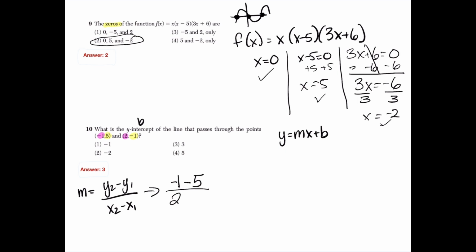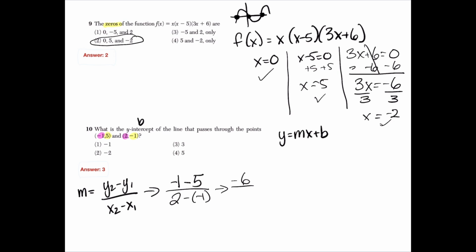So x2 minus negative 1. All right, negative 1 minus 5 is negative 6. And if this is bothering you, this is where you can use your calculator if need be, and you can get the answer. Especially with this next one, 2 minus negative 1.